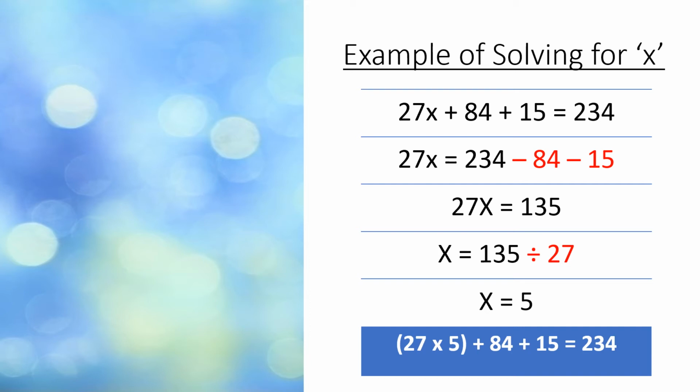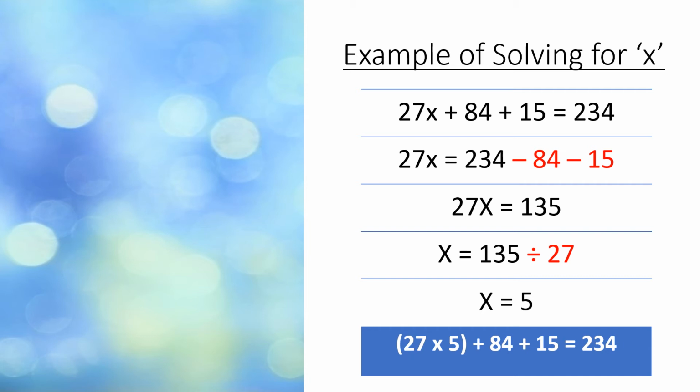So that gives us 27x equals 234 minus 84 minus 15. The result of that function gives us 27x equals 135, because 234 minus 84 minus 15 gives us 135. We can now isolate x. Whereas 27 is a multiple on the left-hand side, it now becomes a dividend on the right-hand side.